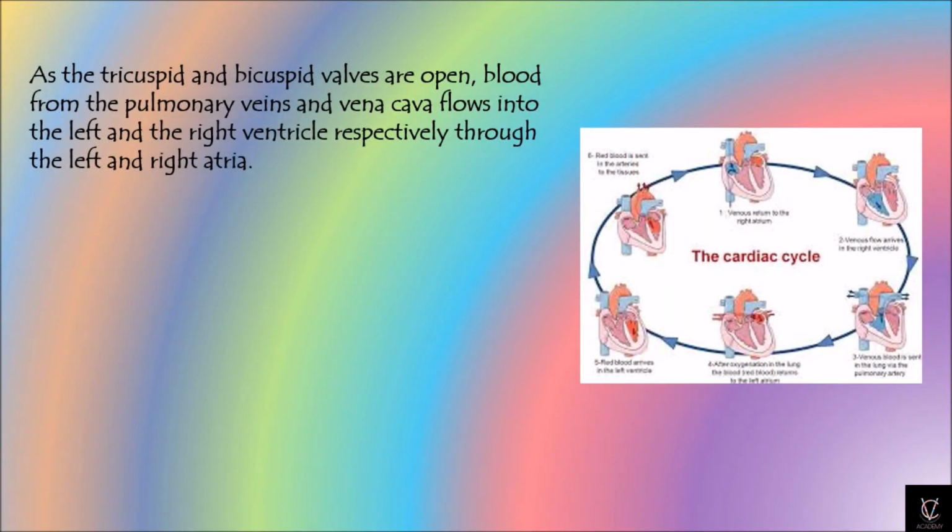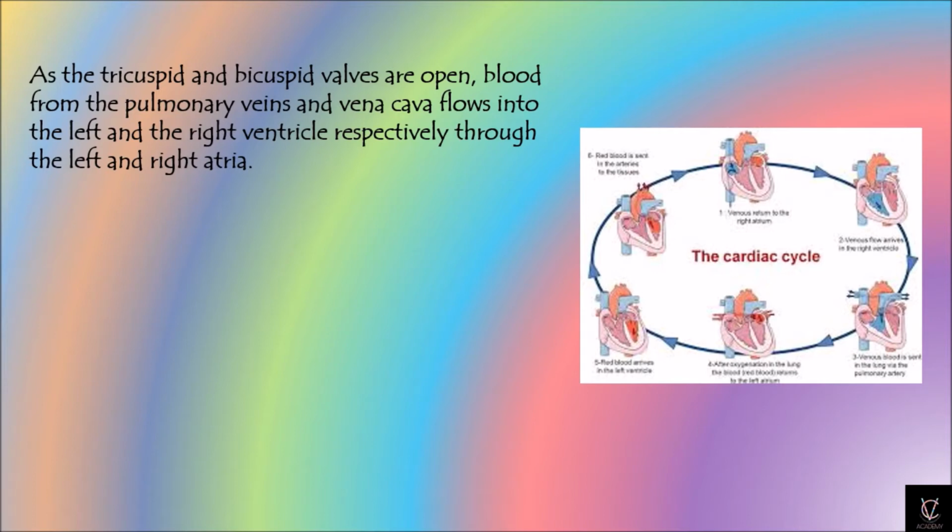As the tricuspid and bicuspid valves are open, blood from the pulmonary veins and vena cava flows into the left and the right ventricles, respectively, through the left and right atria. So we can see this here. What happens first? As in the previous class we have discussed valves.